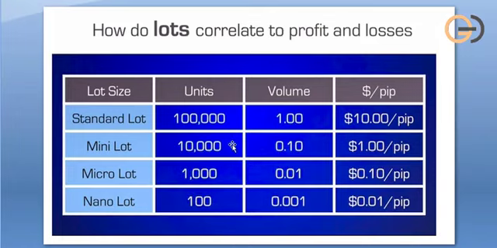So every movement of the price in your favor in pips will give you 0.10 cents. Okay, so nano lot for an account of $100, you are expected to use a volume of 0.001, which of course will give you 0.01 cents per pip.